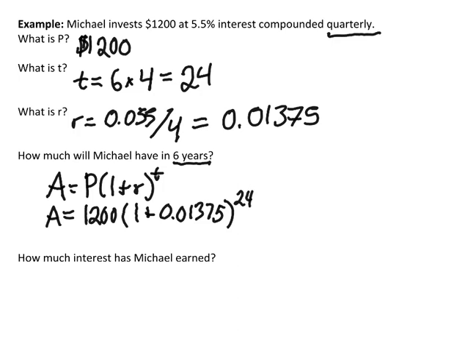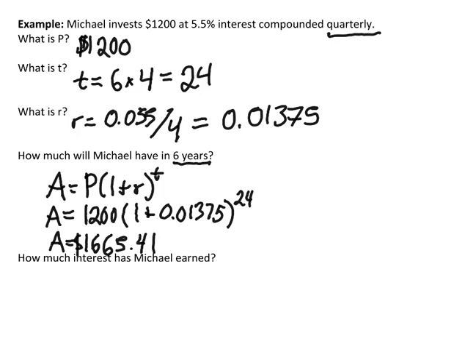So you want to do your brackets first. So add the 1 to this first. Then do the exponent, put it to the power of 24. And then multiply all that by 1,200, the principal. And after 6 years, Michael's investment has grown to $1,665.41. There we go.